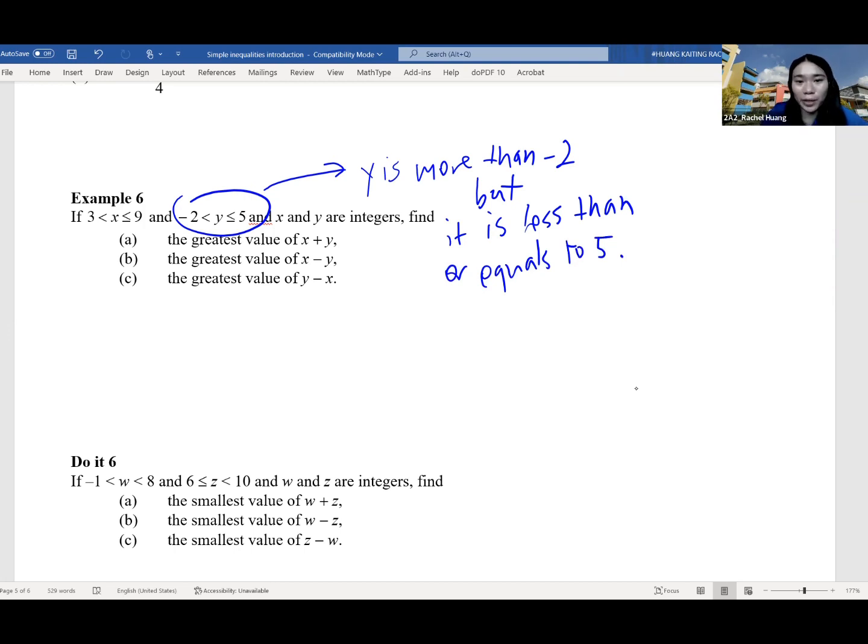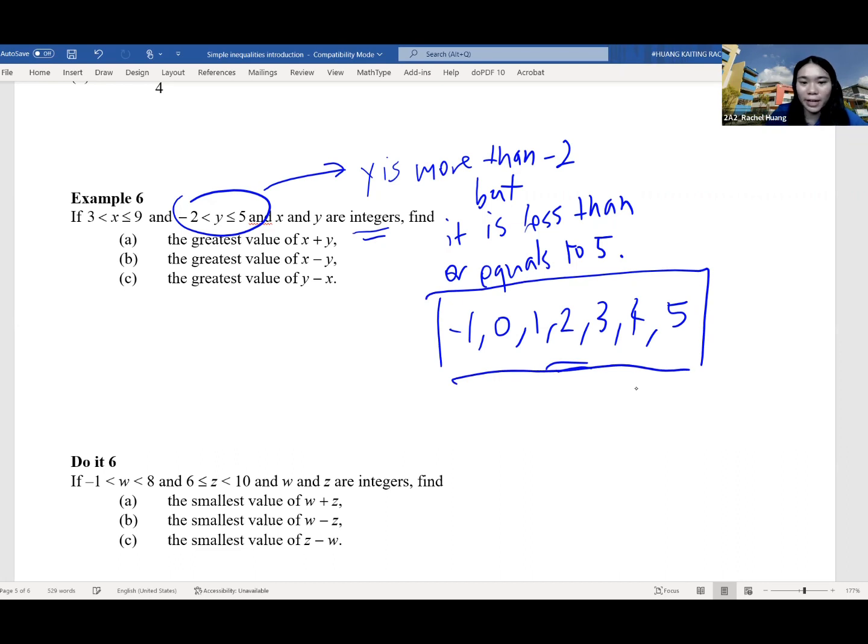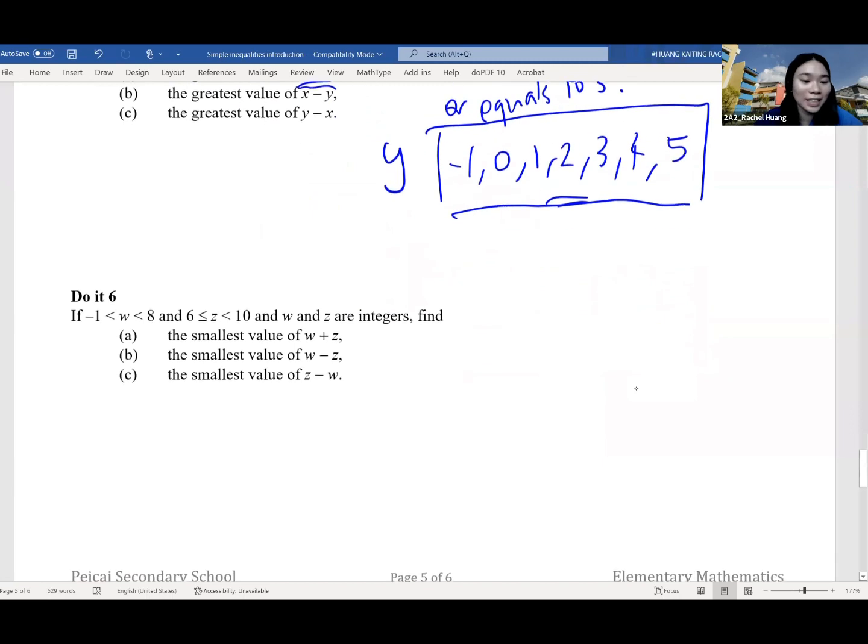So if I were to write it out and they tell me that it is integers, so if it is more than -2, it cannot be -2. So it could be -1, it could be 0, it could be 1, 2, 3, 4, and then because it's less than or equals to, it will be 5. Okay, so this is how I actually find the possible values of y, and then I list out the possible values of x, and then I can find the greatest value possible for x plus y. So that is how you actually do this question, right?